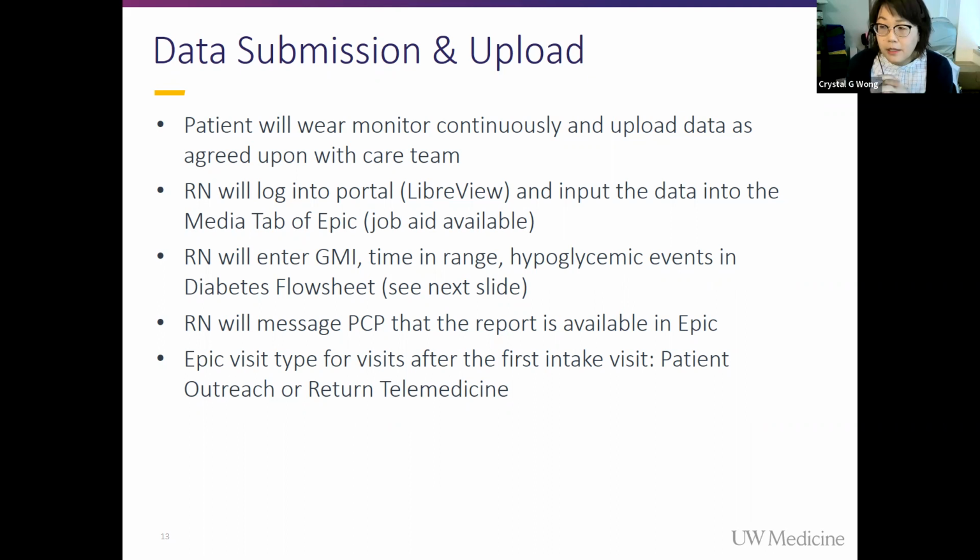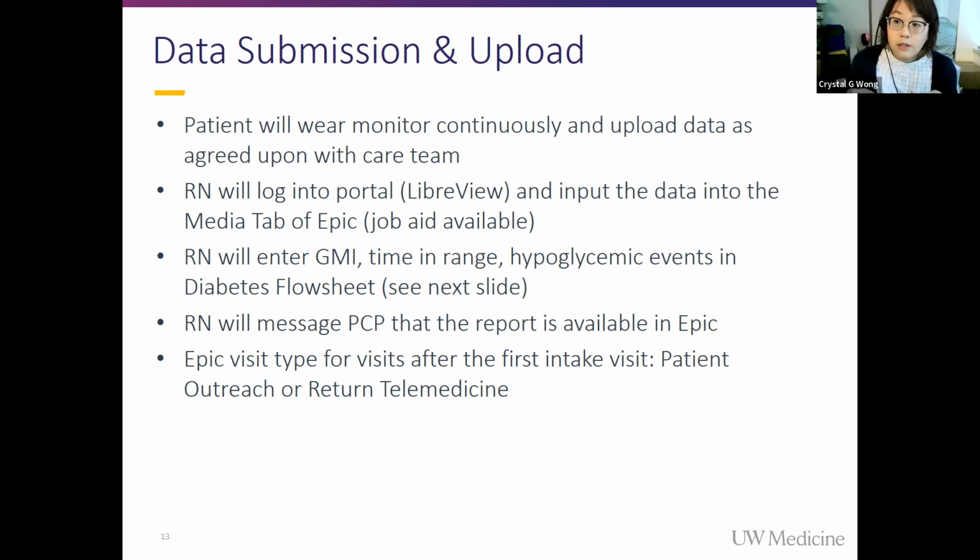It'll also have a little bit of script in there for if the patient had something out of the ordinary happen, like, hey, Dr. Gaster, the patient was on vacation, so these numbers might look a little funky because they were eating pasta or something. So that'll be in there so that when you're in your in basket in between visits, in your office on admin time, whatever, and you see it, you get a little bit of a snapshot of what's in the AGP report, and you can decide whether or not you need to look at that right now, or if it can wait until maybe you see the patient for their diabetes follow-up.